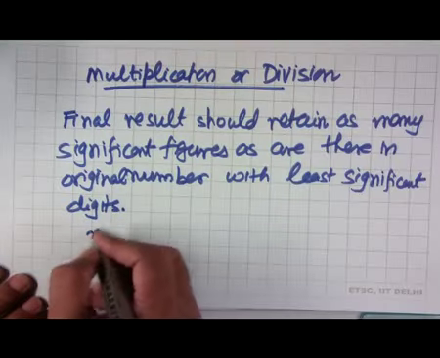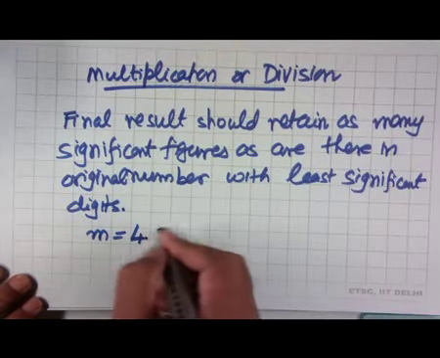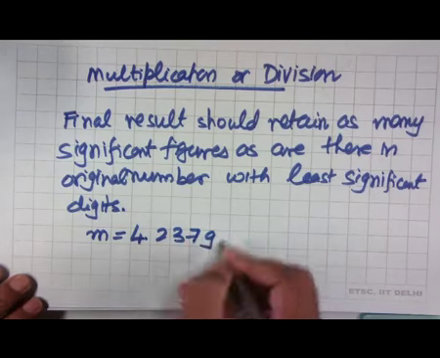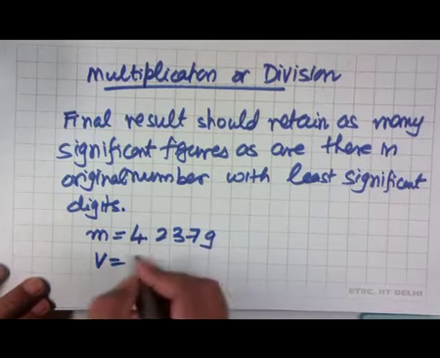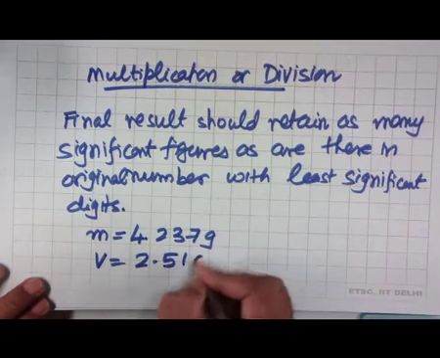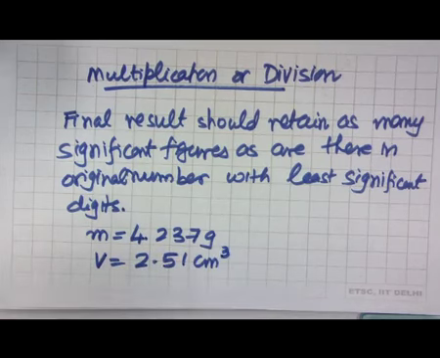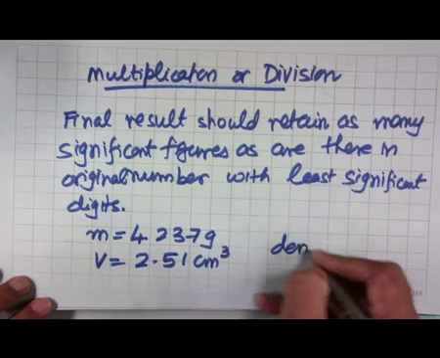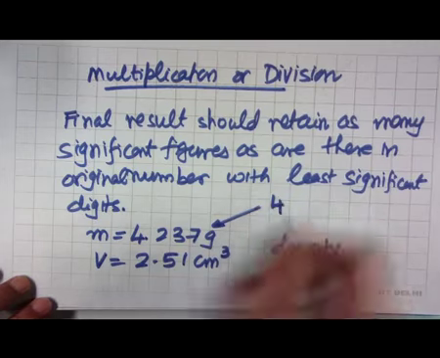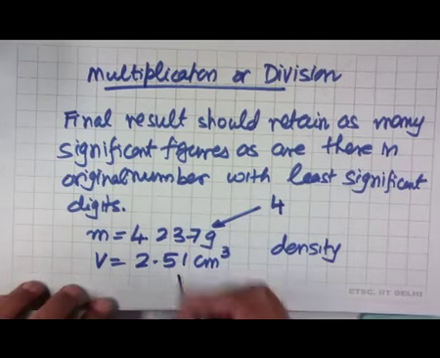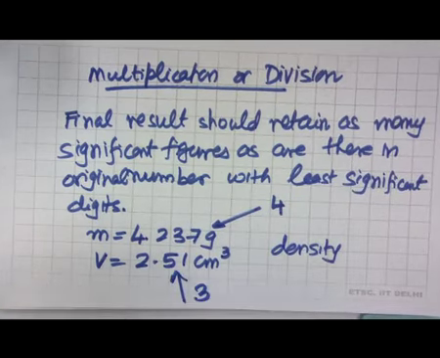And let us go back to our previous example, where we said that the mass was 4.237 grams and the volume was 2.51 centimeter cube, and we wanted to find the density. So, we see in mass there are 4 significant digits, in volume there are 3 significant digits.